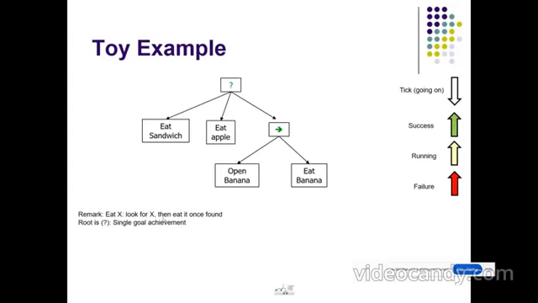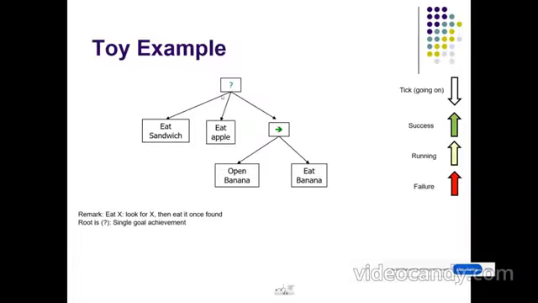So basically we are running this in update. When you run the update, the behavior tree will execute, which means we will evaluate each task and we will see whether it returns true or false. Okay, so this is a simple example. Question mark, which means I am hungry, I'm looking to eat something.